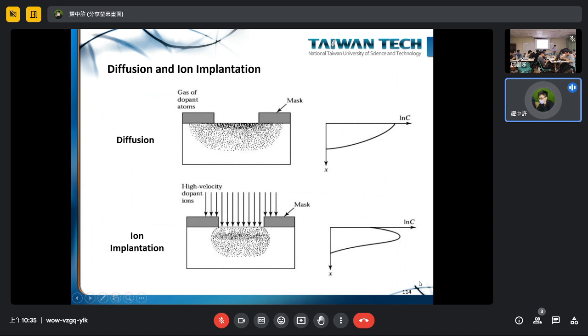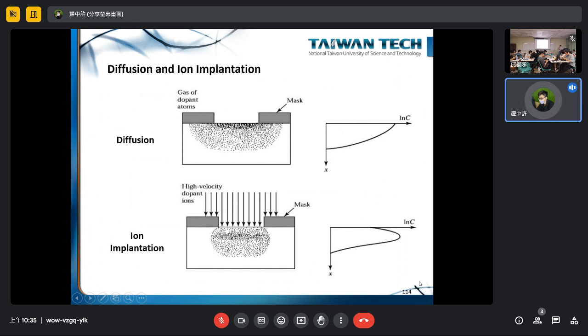If you have silicon here and you provide a gas with phosphorus or boron, you can make these atoms diffuse. This usually requires high temperature, because at high temperature the atoms will diffuse into your silicon to make what? If you have p-type material and you add more phosphorus, it becomes an n-type material.